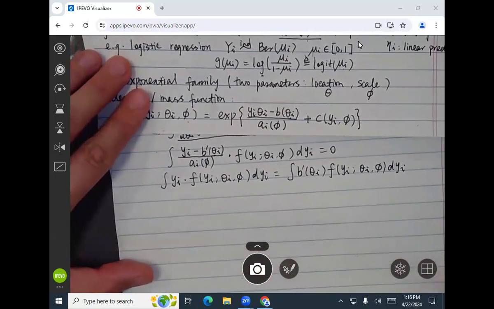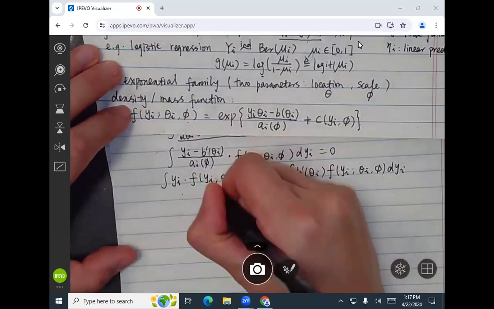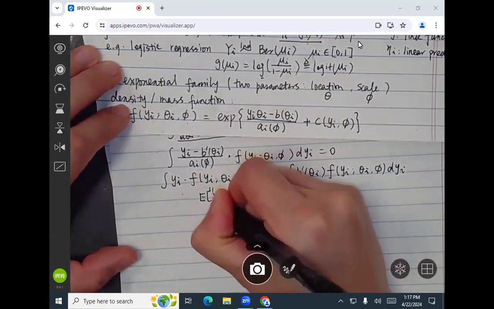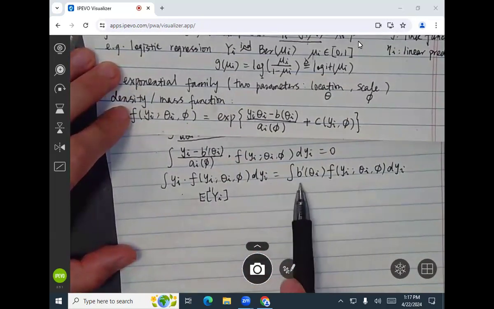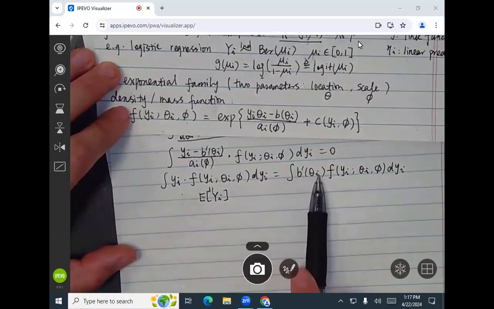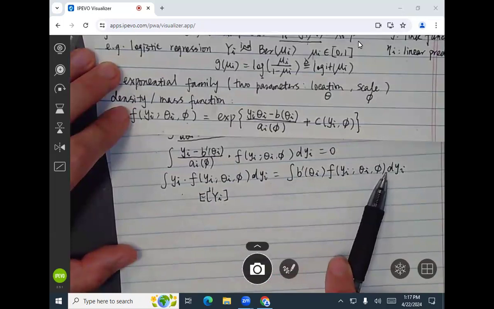So the left-hand side is basically the definition of the expectation of yi. Right? It's the yi value times the density value, then integration. On the right-hand side, we can move b prime theta i out of the integral, and the integral of the density is just 1.